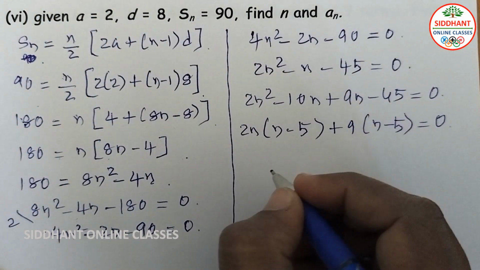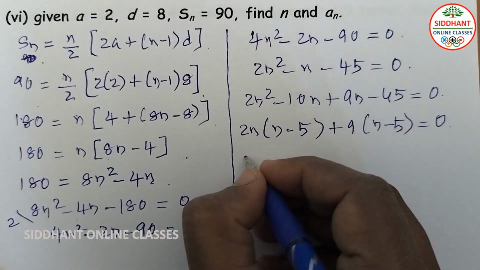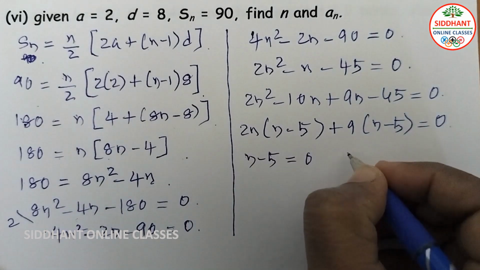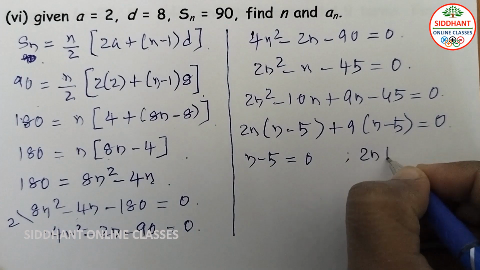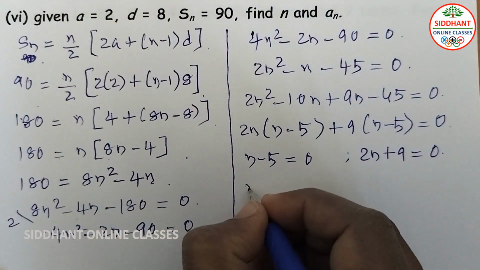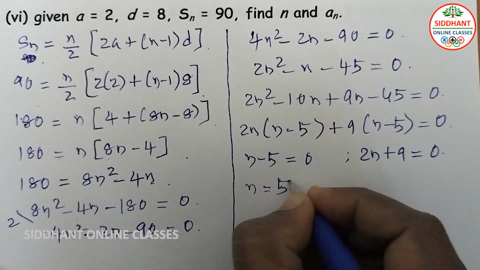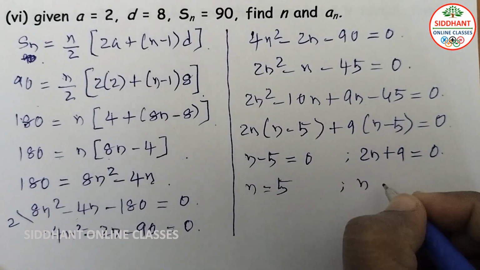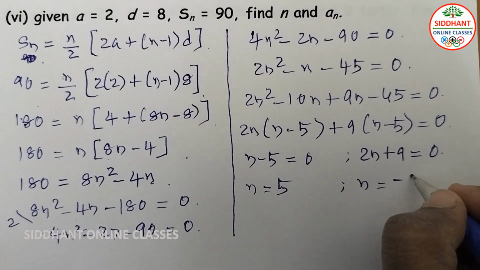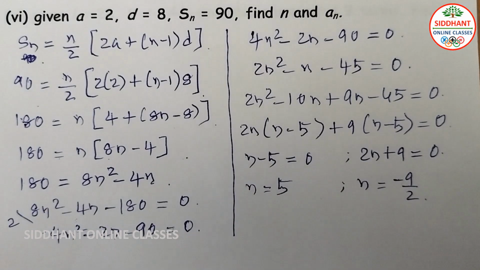So n minus 5 equals 0, and 2n plus 9 equals 0. So n is equal to 5, and n equal to minus 9 by 2.